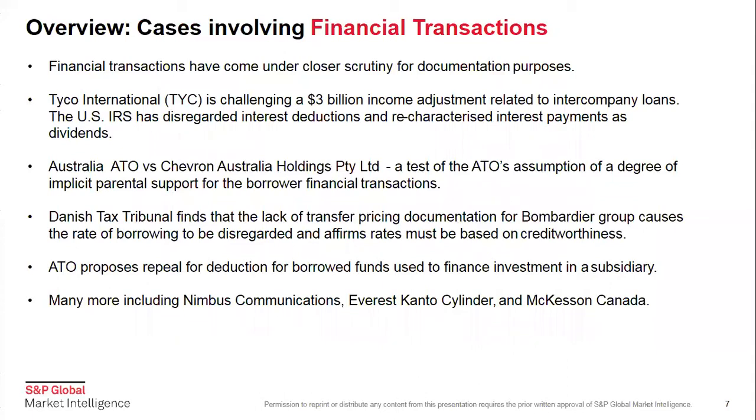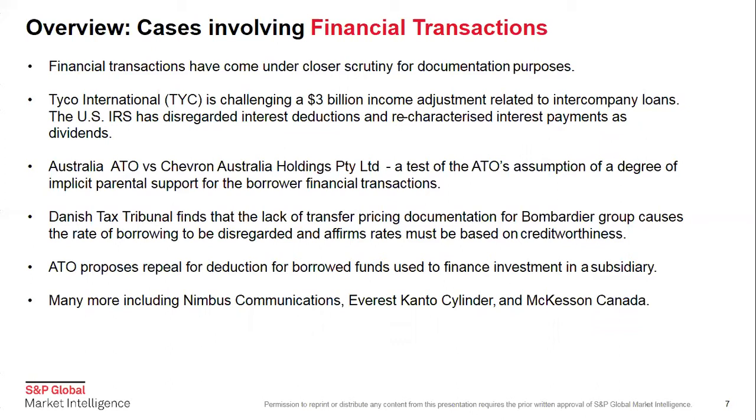Now, there have been many cases involving financial transactions, and the risk associated with these cases is very, very high. Here are some legacy cases. I would point out the Australia ATO versus Chevron Holdings, which did result in a multi-billion-dollar recognition because of an inappropriate documentation and transfer of an intergroup loan to an Australian entity.